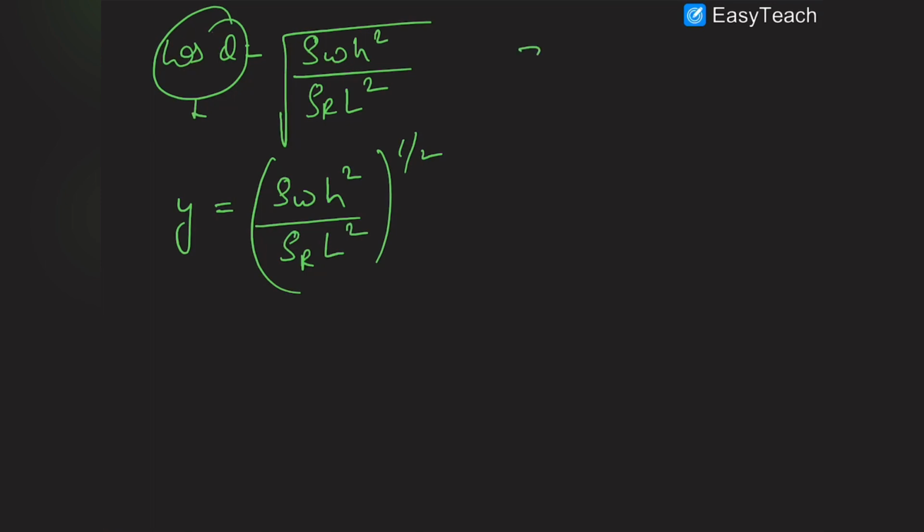Now let us suppose that z is equal to rho w H square by rho r L square.